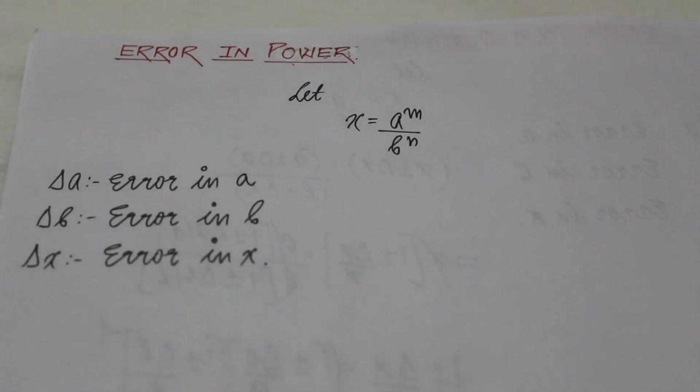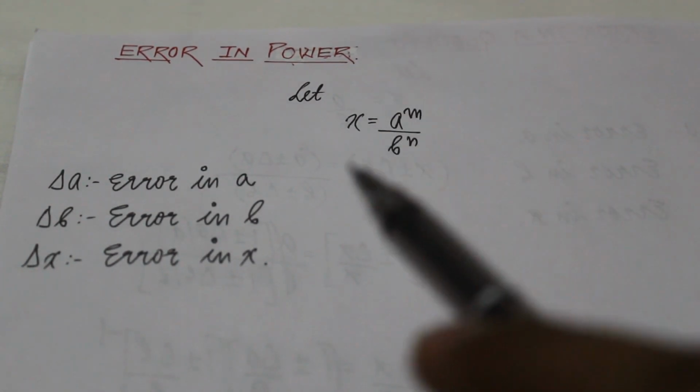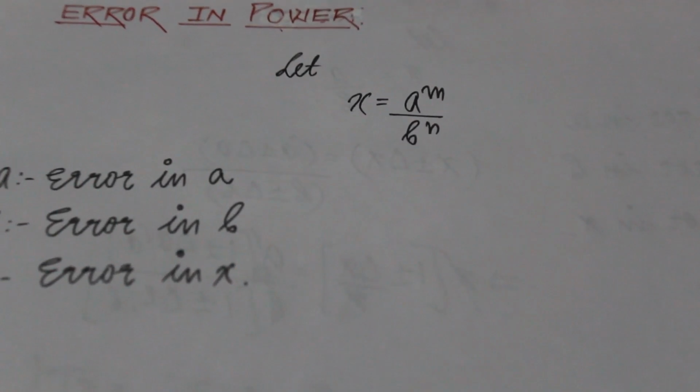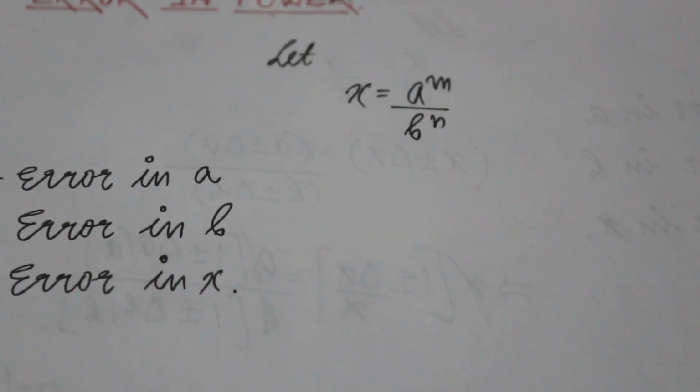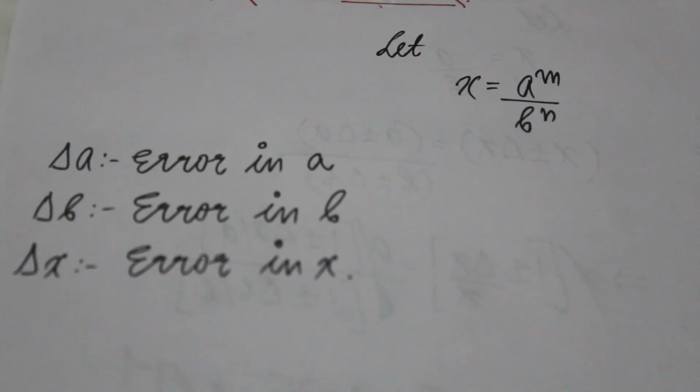Next, let us find out error in power. Let's say x is given by a to the power m upon b to the power n, where delta a is error in a, delta b is error in b, and delta x is error in x.